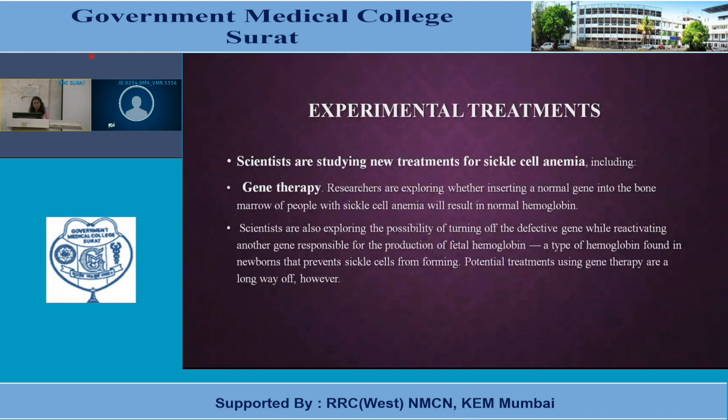Researchers are exploring whether inserting a normal gene into the bone marrow of people with sickle cell anemia will result in normal hemoglobin or not. Scientists are also exploring the possibility of turning off the defective gene while reactivating another gene responsible for the production of fetal hemoglobin, a type of hemoglobin found in newborns. So we can prevent sickle cells from forming, however, potential treatment using gene therapy is a long way off.